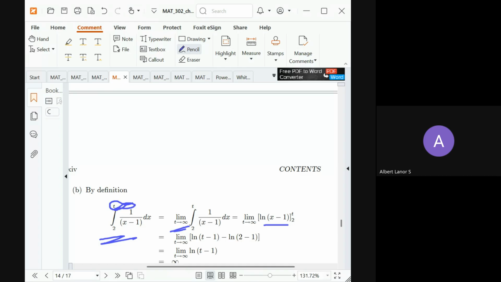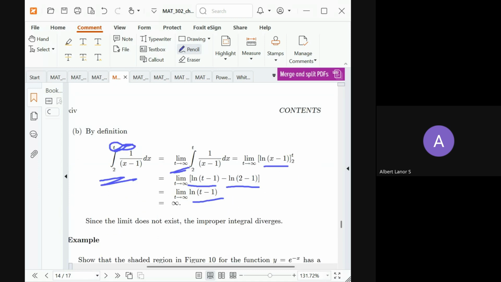Substitute the values in there: you have ln(t minus 1) minus ln 1. Ln 1 is 0, so you have ln(t minus 1). Now, ln infinity is infinity, which means the integral is equal to infinity.